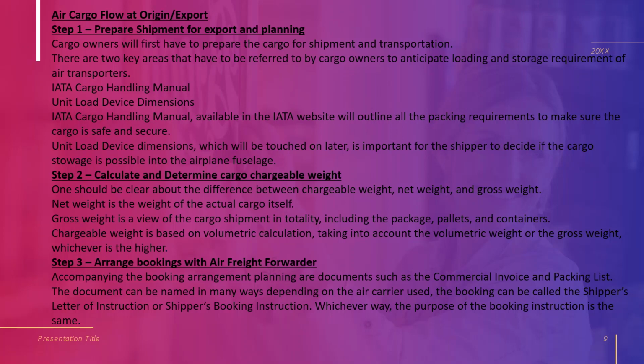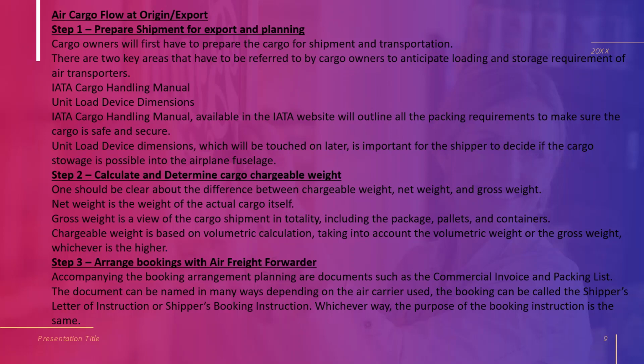Next, calculate and determine the cargo chargeable weight. We have to understand the difference between chargeable weight, net weight, and gross weight. You might have seen these three terminologies somewhere. Net weight is the weight of the actual cargo itself. Gross weight is the weight of the cargo shipment in totality, including the packages, pallets, and containers.